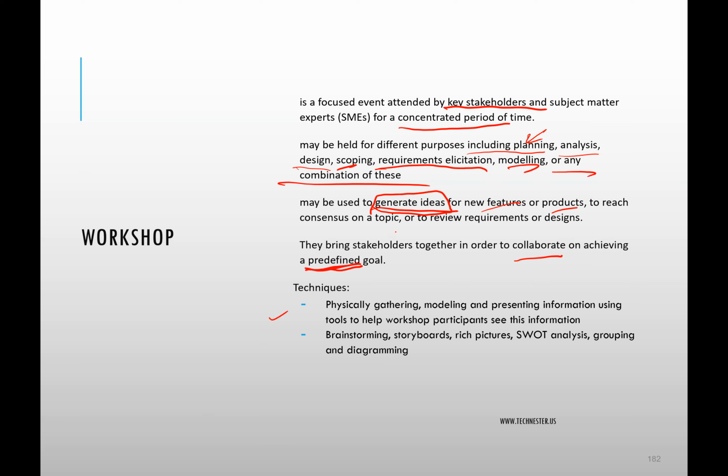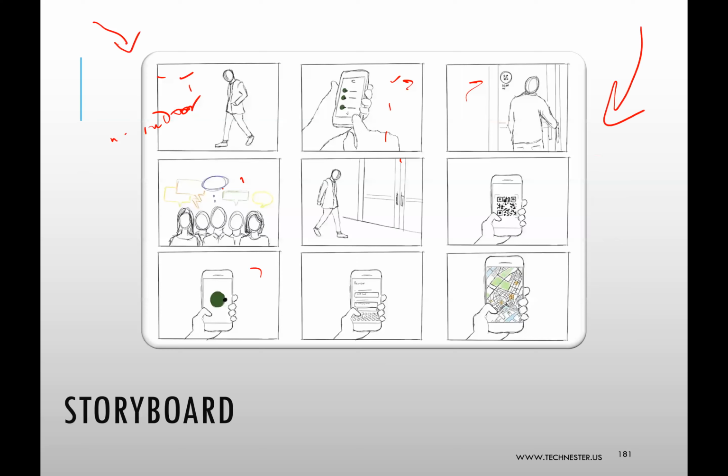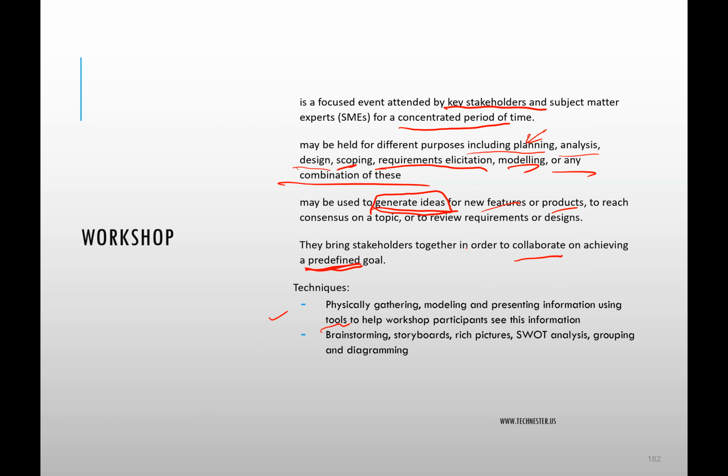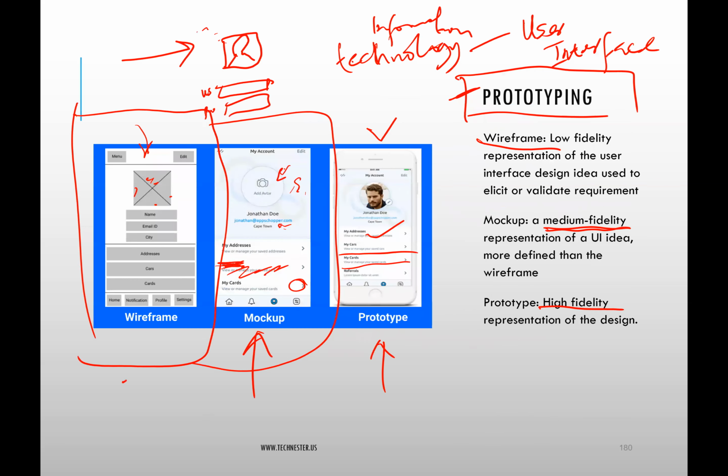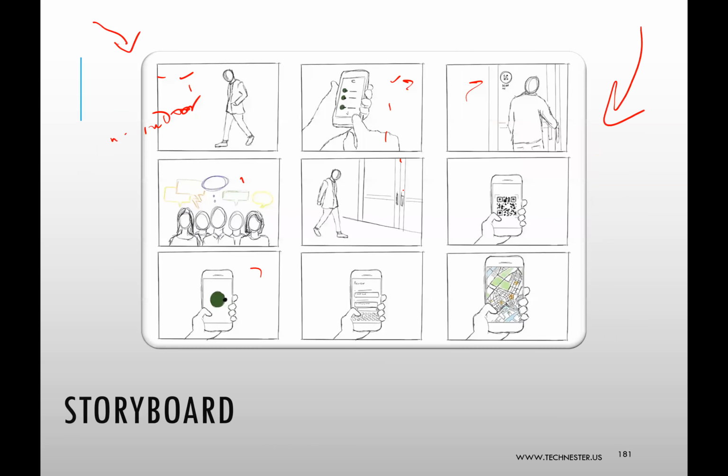So techniques for workshop: physical gathering, modeling and presenting information using tools. Like these tools I've shown you, prototypes, storyboards, right, can be used to present information to help workshop participants see this information. So you see brainstorming, rich pictures. Your rich picture will be like your storyboards, your mock-up, your prototypes, right?